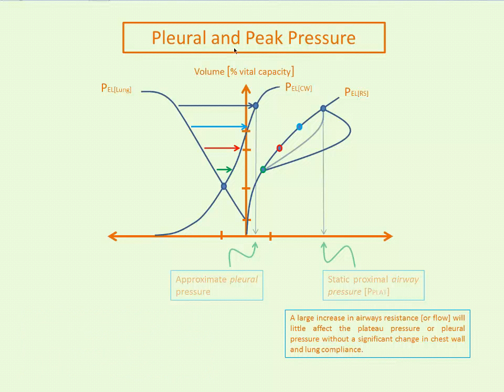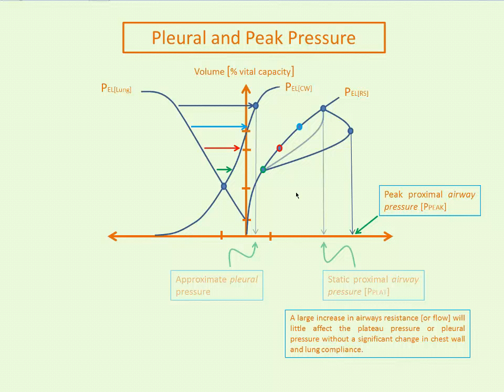But if you wanted to graphically represent a large increase in airways resistance, you would have a greater shift to the right of the dynamic portion of this curve. So this patient compared to this patient has lower airways resistance, and this patient has much higher airways resistance. And that would be translated to a much higher peak proximal airway pressure measured on the ventilator.